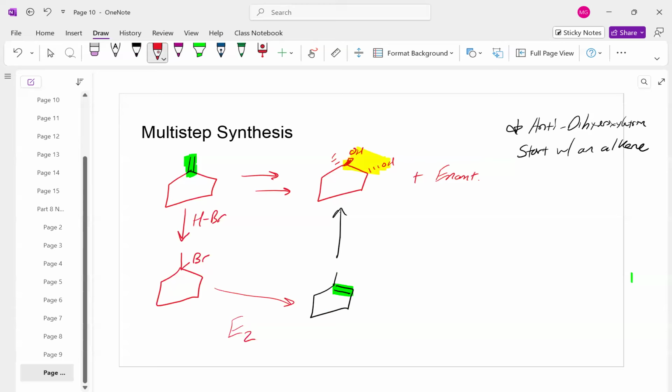Now the question is, what kind of base should I use? I know I need to use a strong base because I want to do E2. But is this the Zaitsev elimination I want or the Hofmann elimination? That's the more substituted alkene.